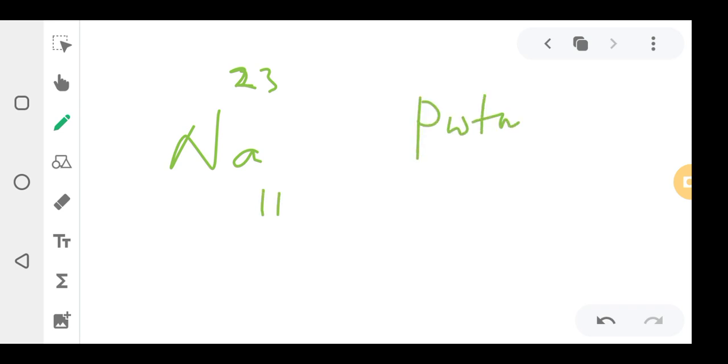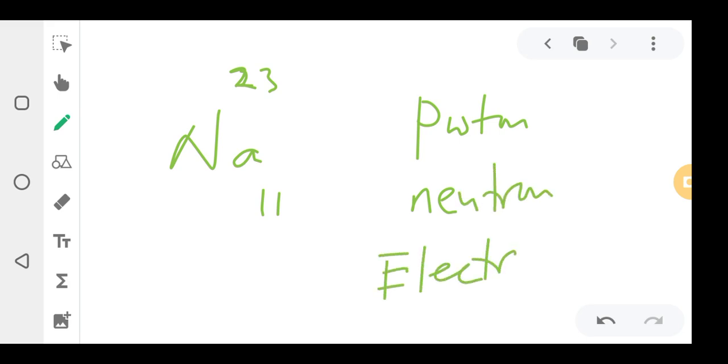Okay, let me deal with the last example, which is sodium. Sodium is number 23, and then 11. How many protons are here? How many neutrons? And how many electrons?